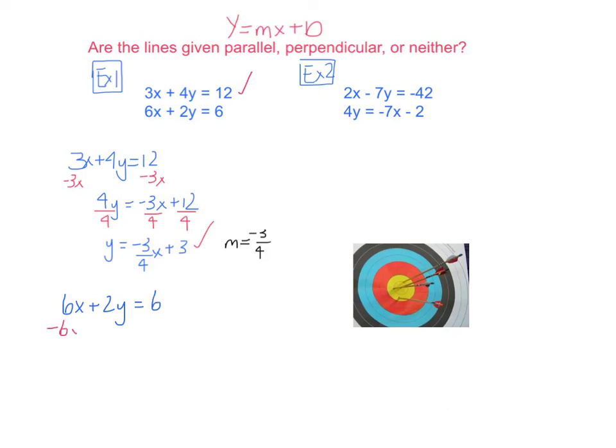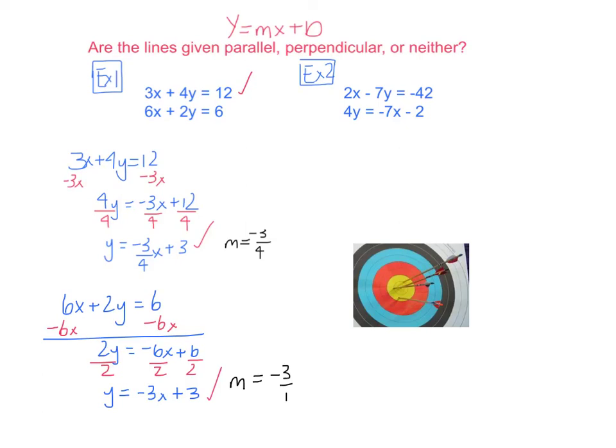So again, I'm going to move my x term first, and I get 2y equals negative 6x plus 6. Next I divide all the way around, and I get y equals negative 3x plus 3. This is now in slope-intercept form, and I can see that the slope is negative 3 over 1.